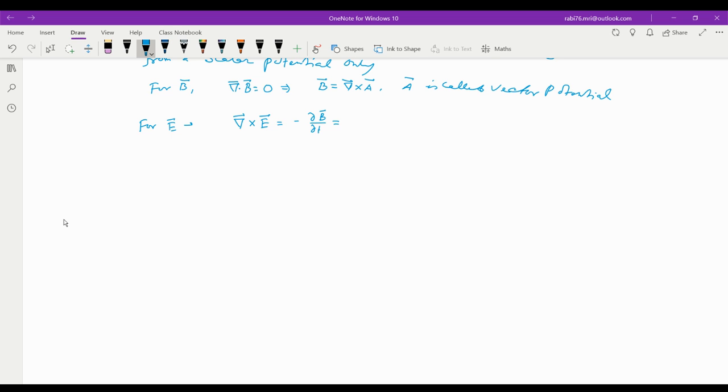Now insert the value of B. So this will be minus del cross of del A del t, right? So both cross sign is there. So you can write del cross of E plus del A del t equals to 0. Here for del t, you have to take partial derivative, not the full time derivative.